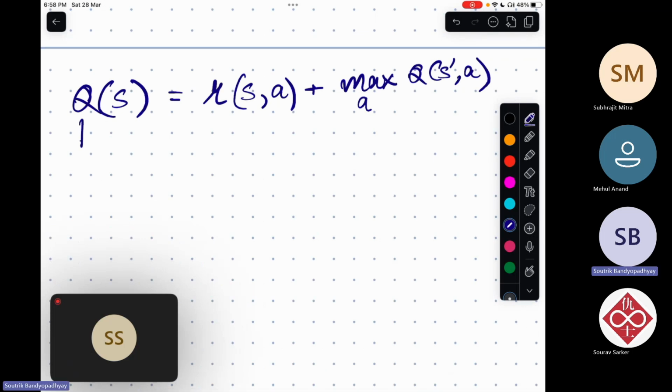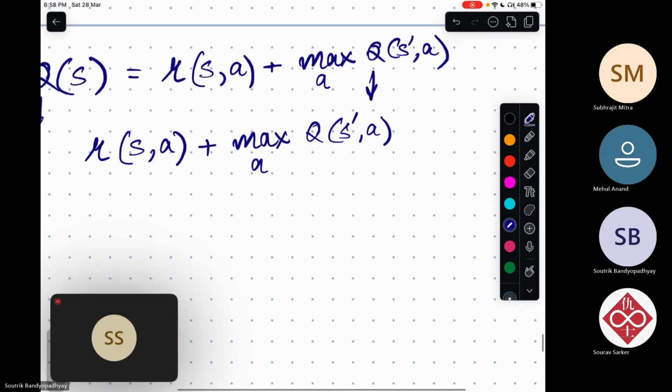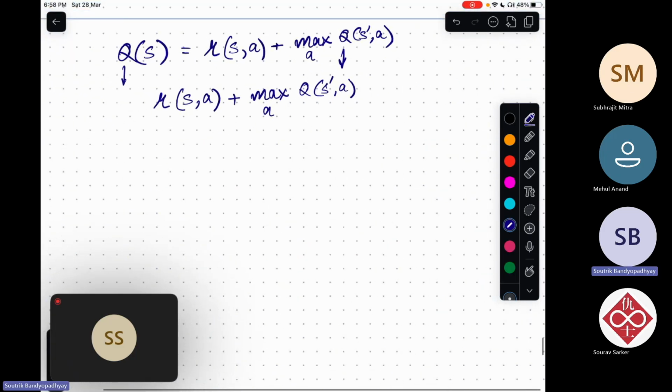Now, if I were to have neural networks for both these, what I can do is take this right hand side and subtract the left hand side from this equation, right? Now, in the ideal case, this should be equal to 0, right?